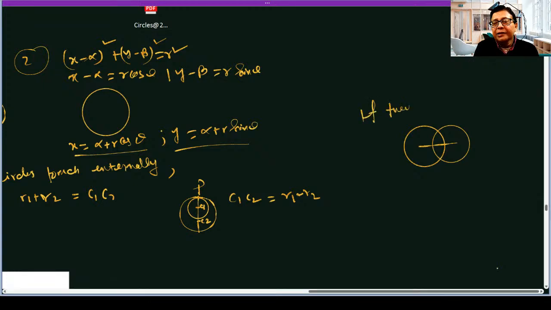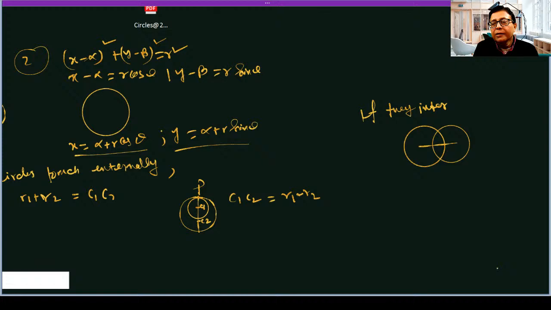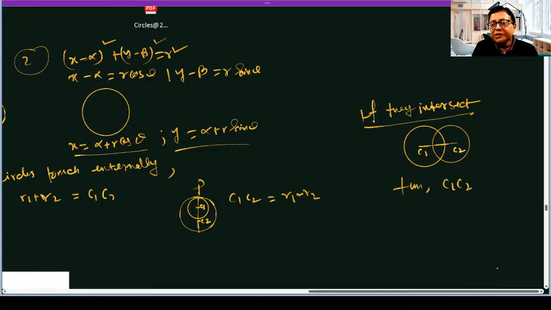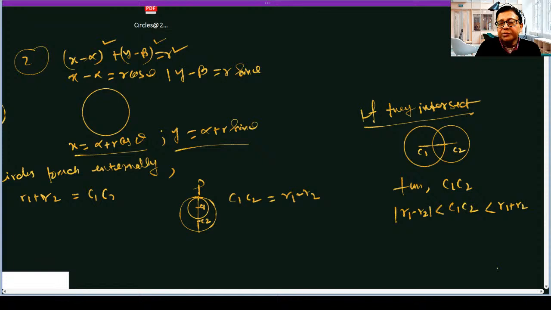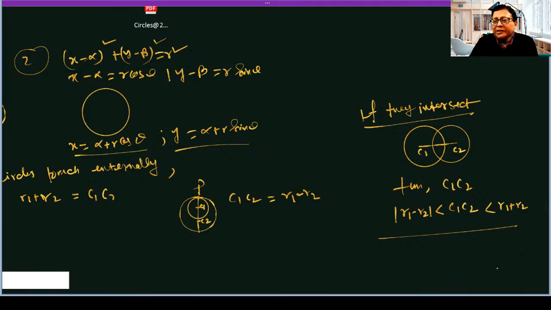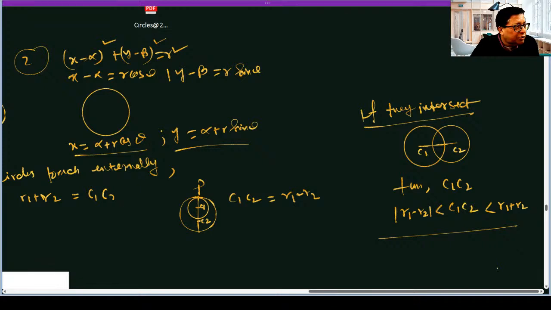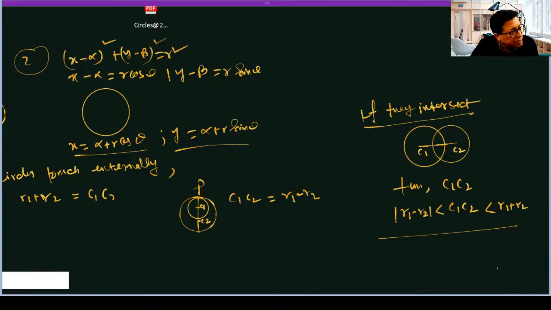If they intersect, then C1C2 is a quantity which will lie between mod R1 minus R2 and R1 plus R2. Isn't it? Because they are intersecting. So the distance between the centers will be greater than mod R1 minus R2 and less than R1 plus R2. Here it may be R1 minus R2 or R2 minus R1. That's why I put the mod sign. Okay.